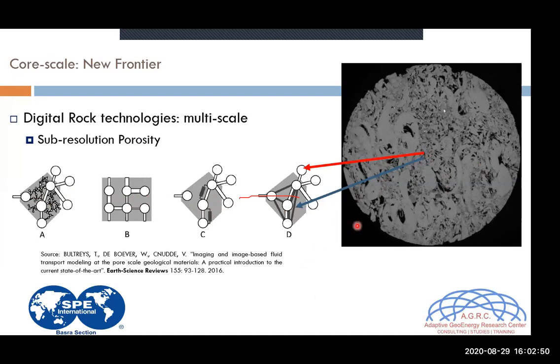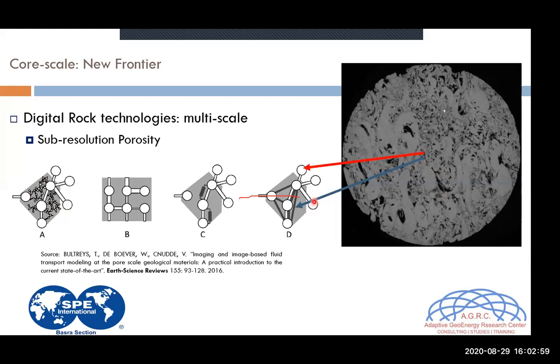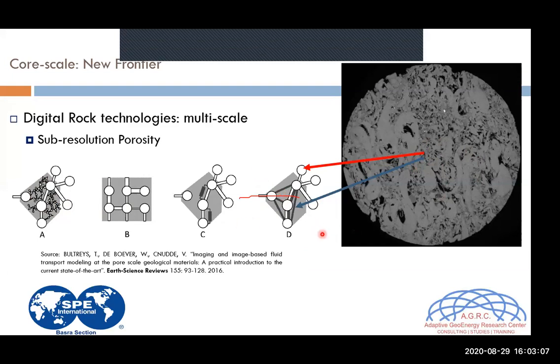What I'm trying to show here is that you can infer some information about these unresolved regions: you perform the higher resolution, try to capture the behavior, and propagate this behavior to the original image. So it's like a multi-scale, multi-resolution approach.